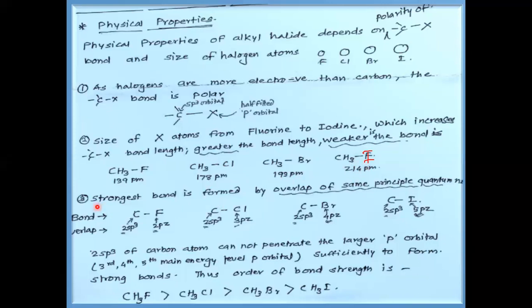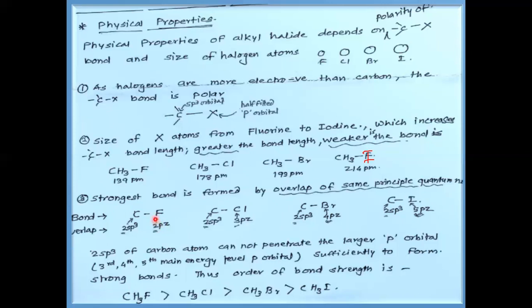Third point, the strongest bond is formed by overlap of orbitals with the same principal quantum number. So when overlapping between the same principal quantum numbers takes place, the bond formed is the strongest. Now see here, in the C-F bond, the principal quantum number of the sp3 hybridized carbon is second, and that of fluorine is also second.